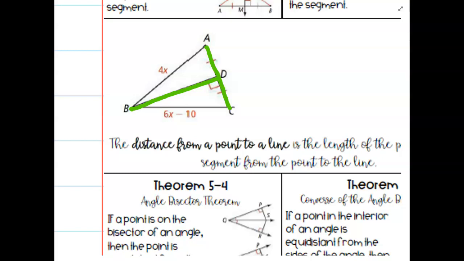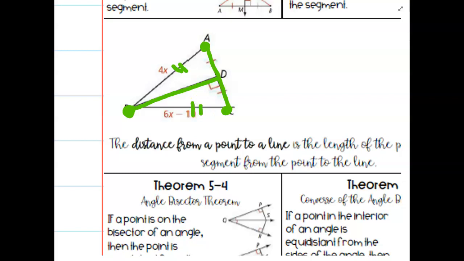And it tells me that these two segments are congruent, which means that BD cuts AC in half. Now, since BD is the perpendicular bisector, theorem 5.2 tells me that the distance from B to A is the same as the distance from B to C. These two are the same.